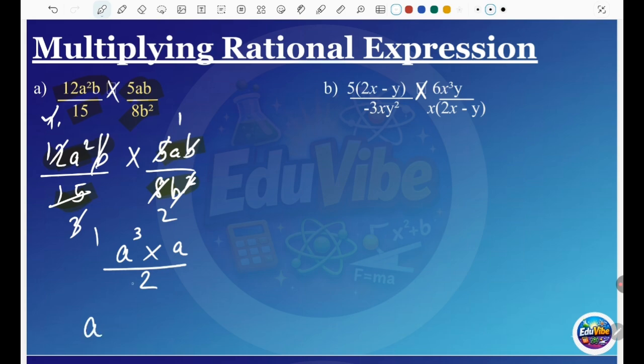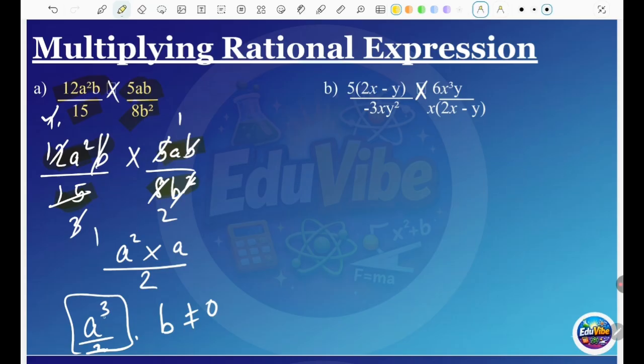So a square times a, basically you get a cube upon 2. In the start, you have b square in the denominator, so b square is multiplying, so b is not equal to 0. You have to mention this. Even though at the end there is nothing with b, you have to state it. So a cube upon 2 is your answer, with b not equal to 0.